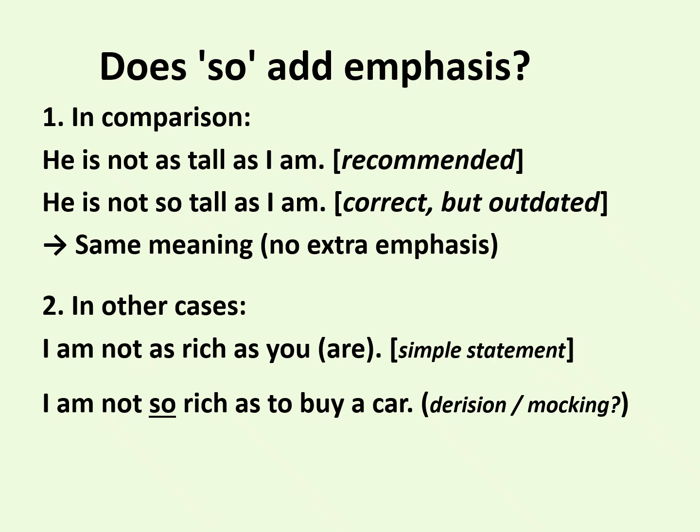But in certain cases, in casual talk, I am not so rich as you are to buy a car, it could mean mocking or derision. So may be used for emphasis in certain casual talks, but in school grammar, so does not add emphasis. So he is not as tall as I am is recommended. He is not so tall as I am is not recommended, although correct. It's an obsolete, outdated structure.